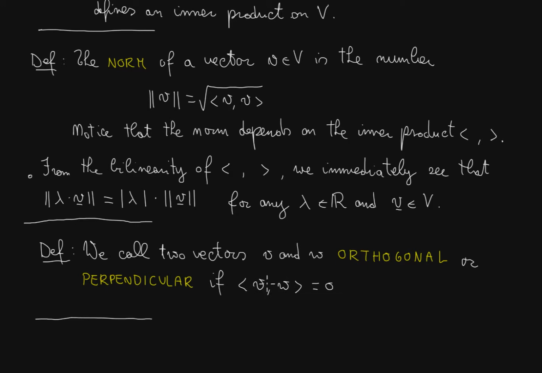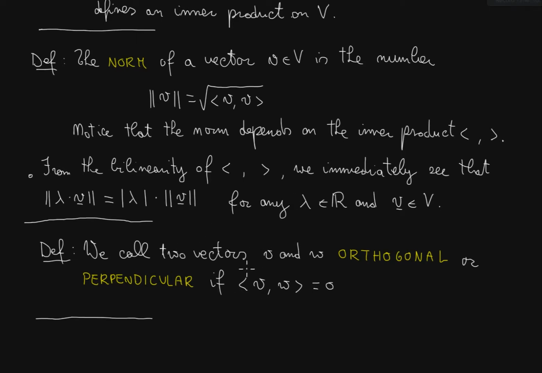It is the usual notion of orthogonality, meaning that they have an angle of 90 degrees with each other. But again, this corresponds to a very special inner product, as we will see, the Euclidean inner product.